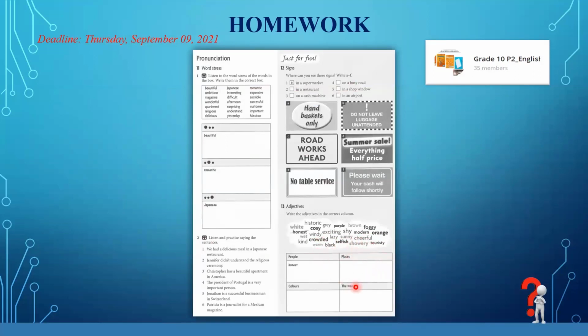So there are a lot of these adjectives. You just pick up the adjective and categorize it, put it in the correct column here. The deadline of this homework is Thursday, September 9, 2021. So please do it properly and send it to the group so that I can note it for you and then correct it if you have missed any points.